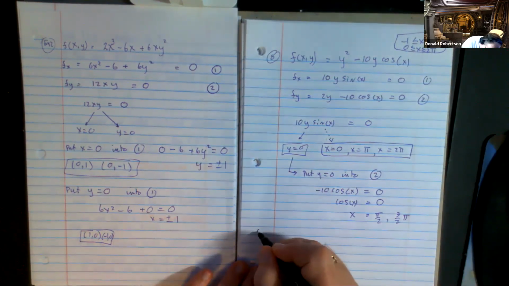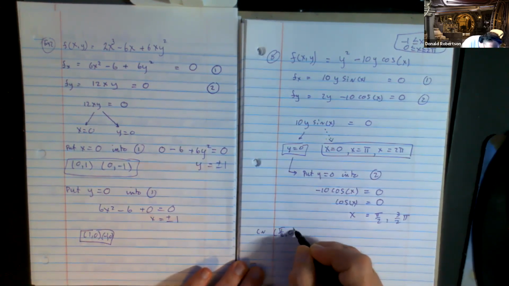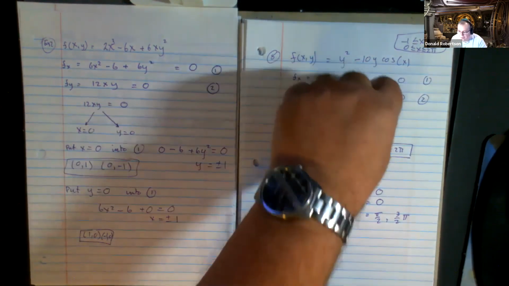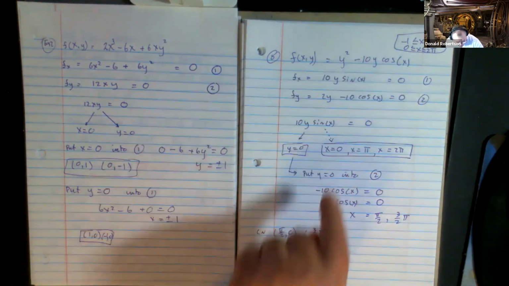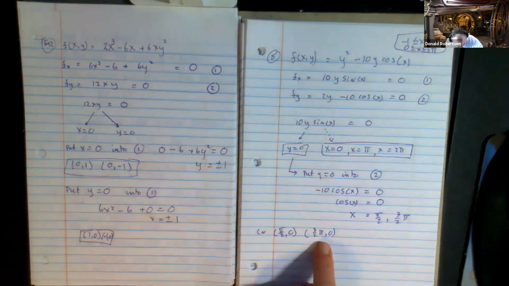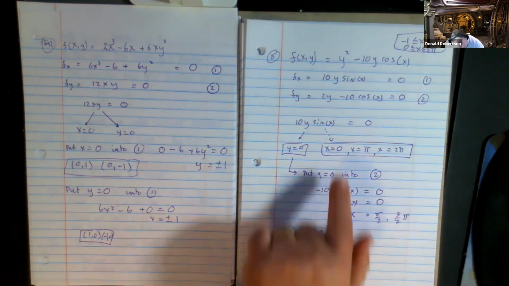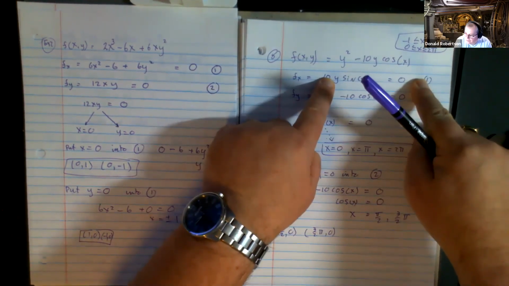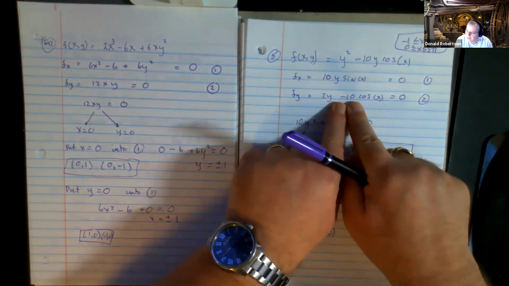Now I have some critical numbers. If you make X this one and Y 0, and X this one and Y 0, both of these will be 0, right? You can check it. Plug that into here, plug that into here, and both are 0. Do the same with my second combination, both are 0. The reason I know this is going to be 0 is that Y equals 0 automatically makes that work, and making these the X's will make that work.